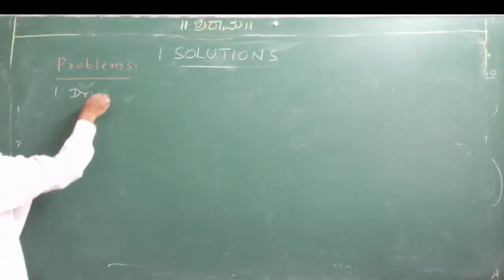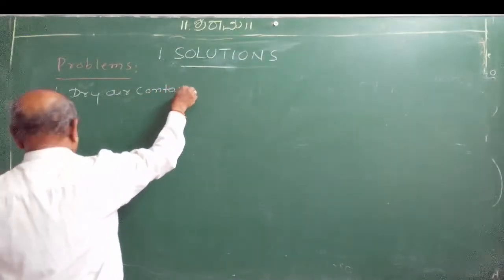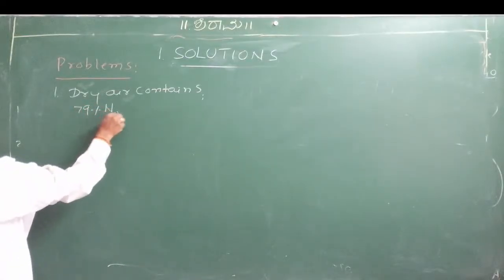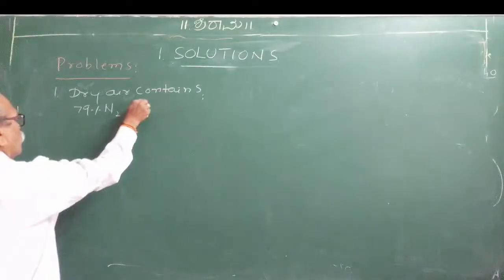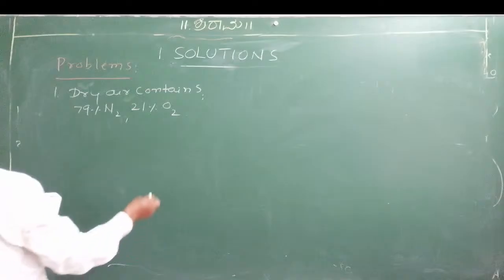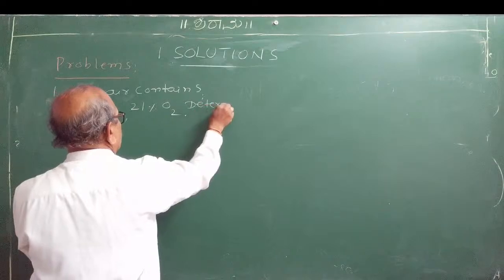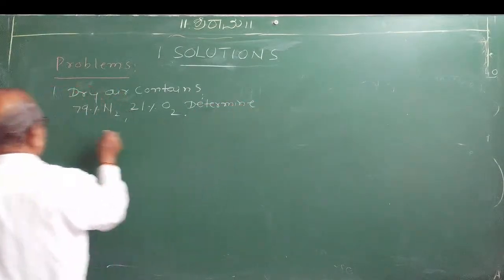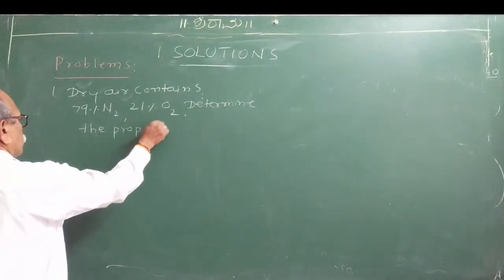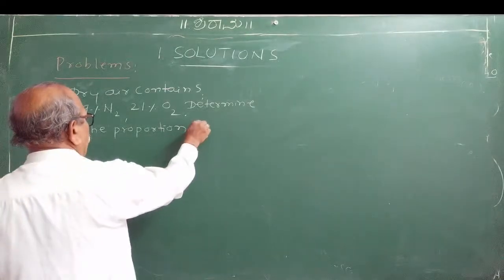Dry air contains 79% nitrogen and 21% oxygen.